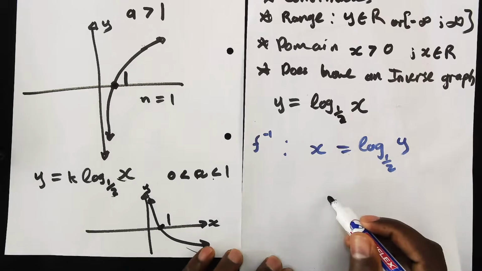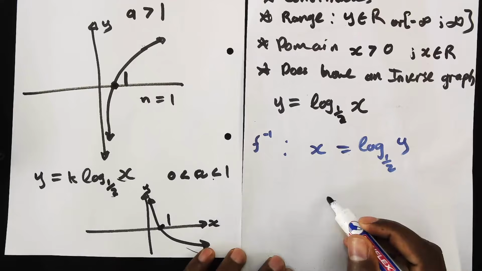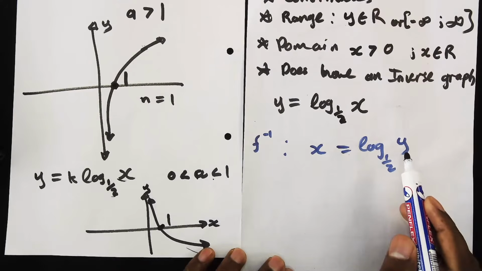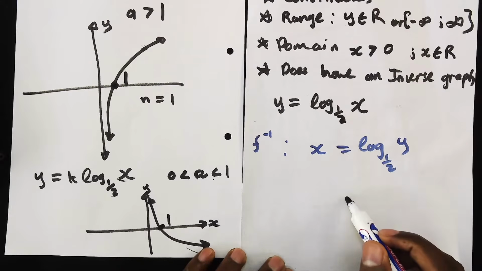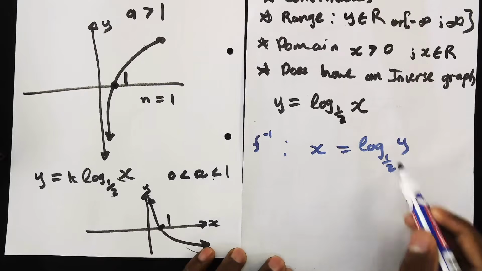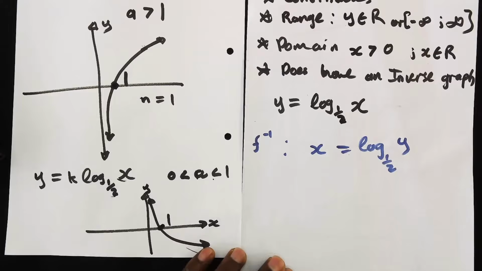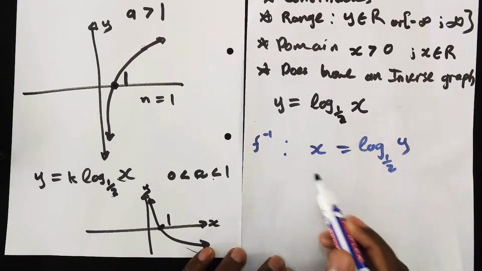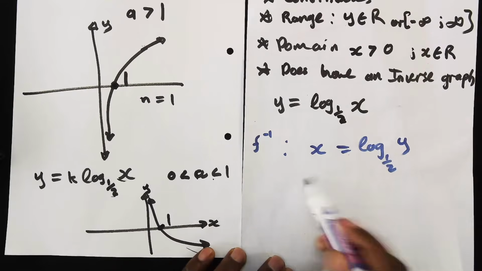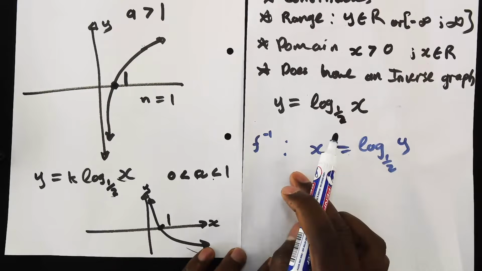So how do you make y the subject of the formula? How to change from log form to exponential form? Whatever is the base in logs will be the base in exponentials. And always, the log is equal to the exponent.